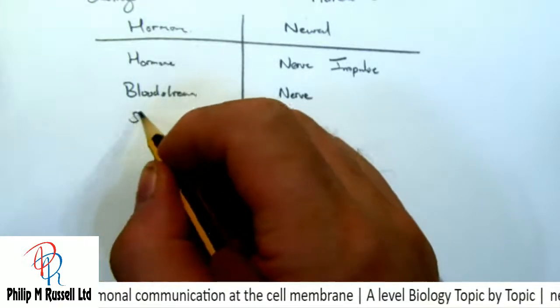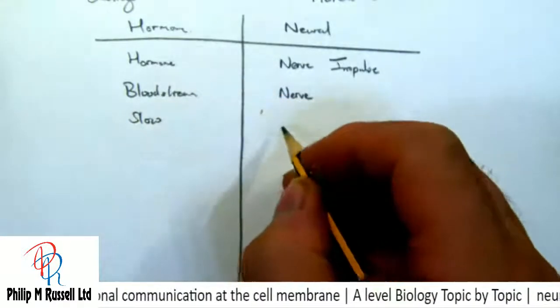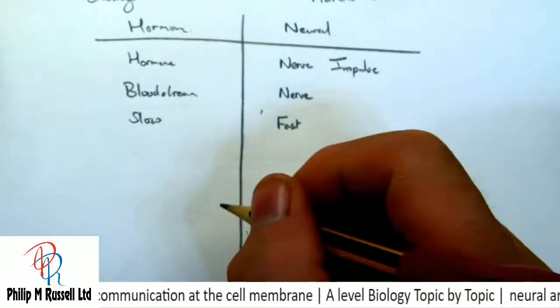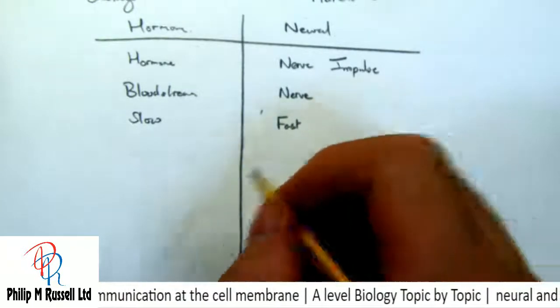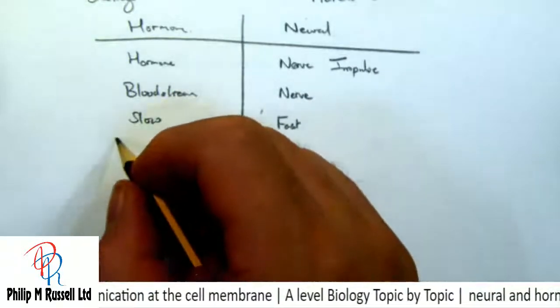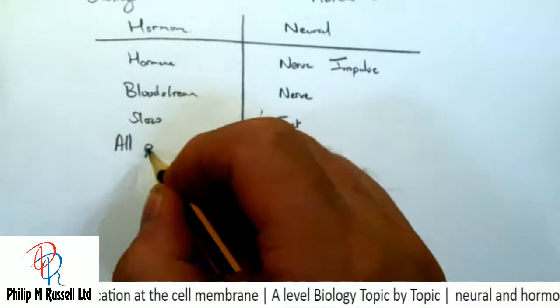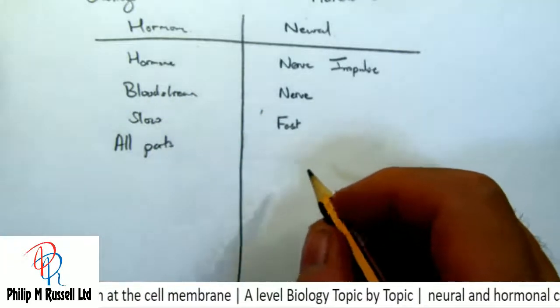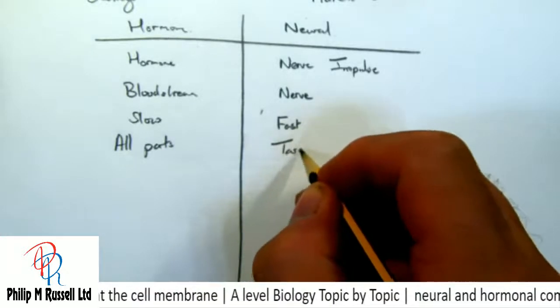This is going to be slow, whereas the nerve, even something on the sympathetic or parasympathetic, is going to be fast by comparison. We've got this travelling to all parts of the body, whereas this is here very much targeted.